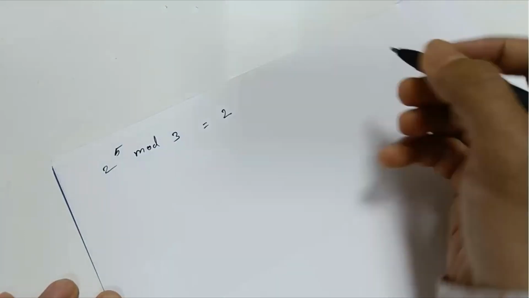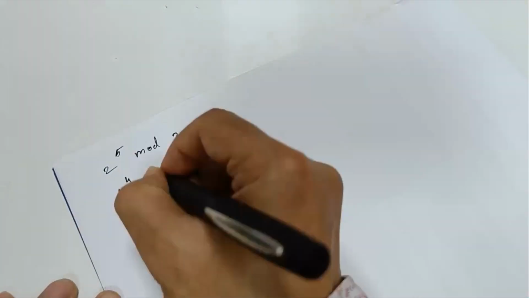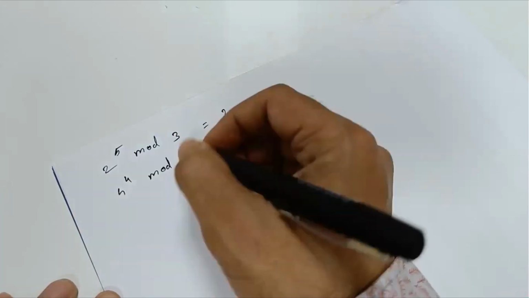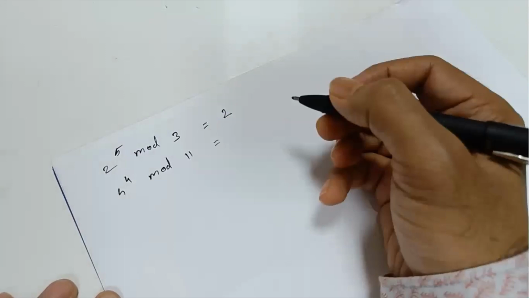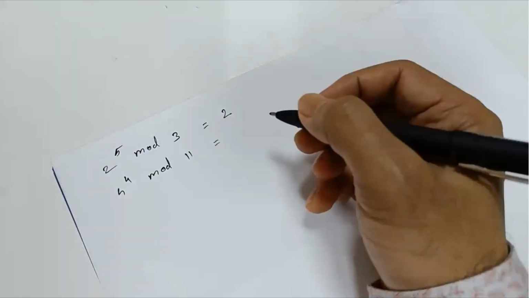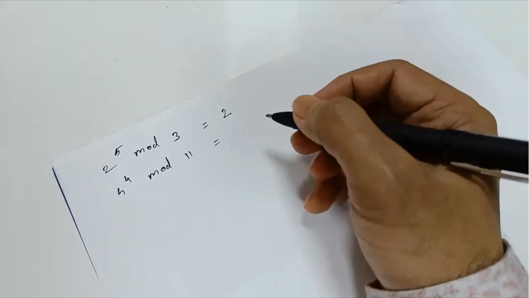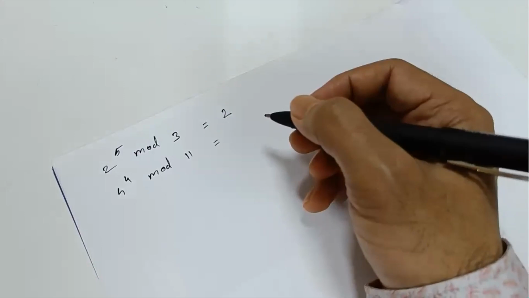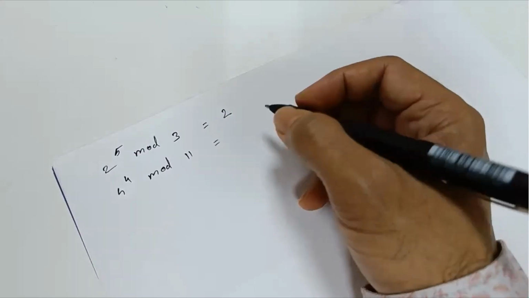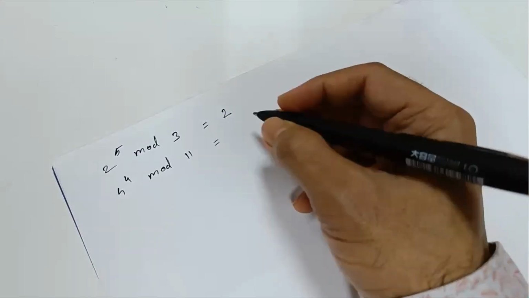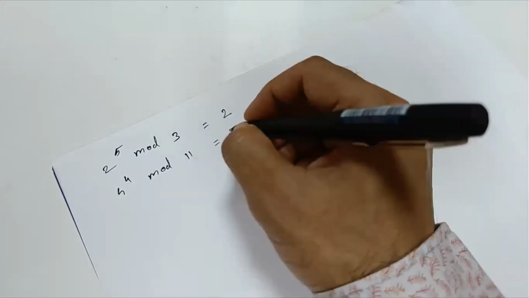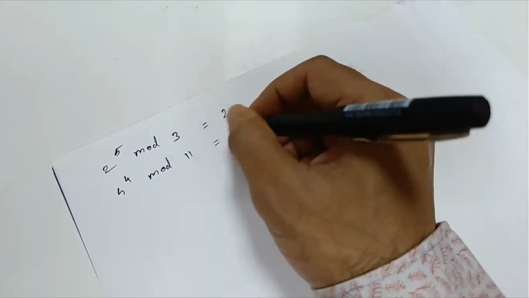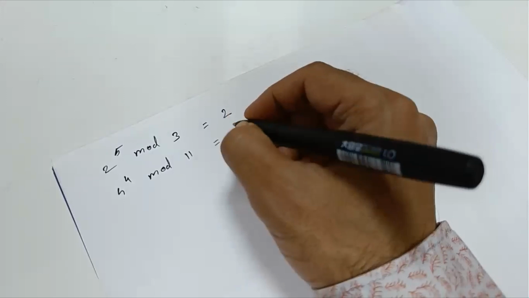So if it is 4 raised to 4 mod 11, someone please keep the calculator ready so that we will solve these examples quite quickly. It will be 3.